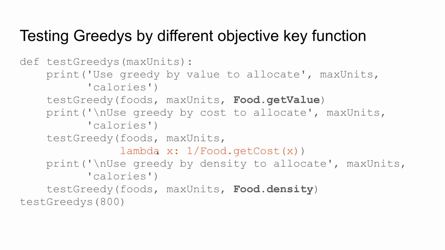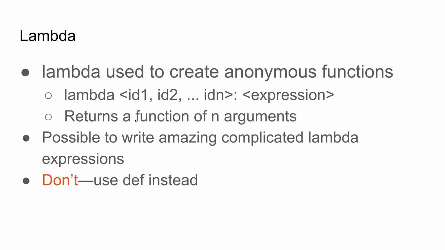A lambda function we'll talk about in later slides, but basically it's an anonymous function, a function with no name, right? Or a one-time use function. And then you can also test by the density, which is defined as the value to cost ratio. And you can use that to test with. So what is a lambda function?